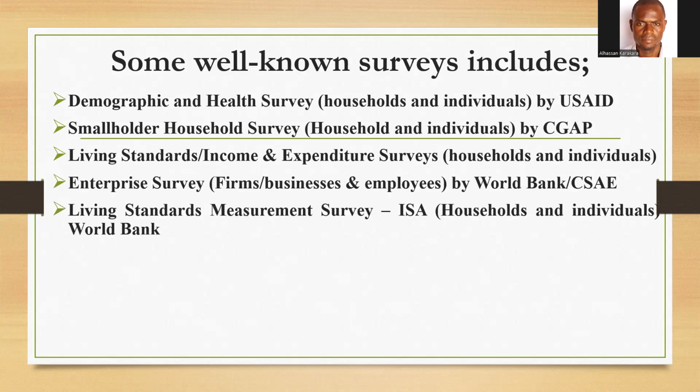Then the living standards, income, or expenditure surveys by various countries across the globe. We have the Enterprise Survey, which is data on firms and businesses, as well as their employees, and more often than not is sponsored by the World Bank and the respective countries' statistical offices.